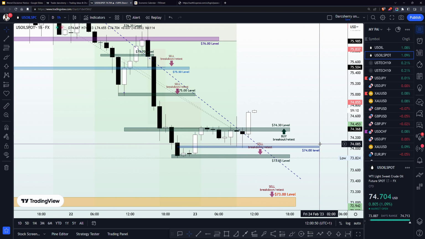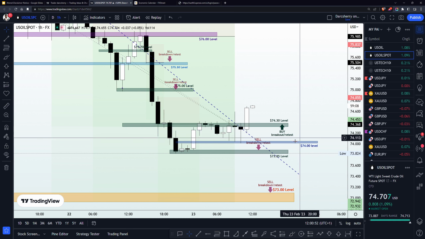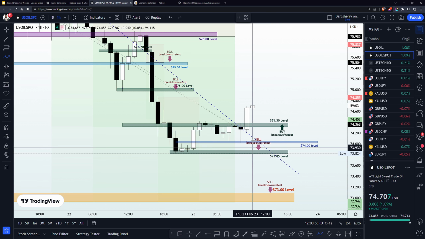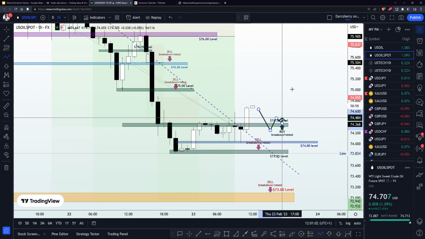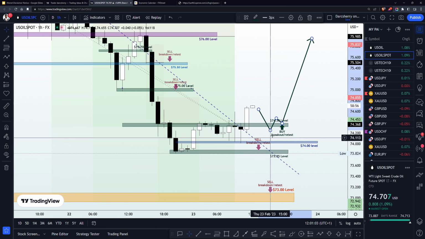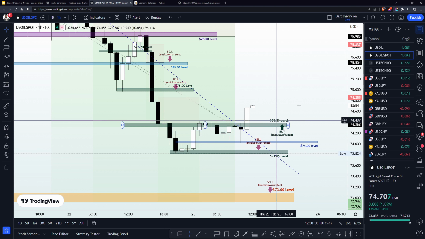So let's see how this plays out if you have joined, and if you had missed out on this opportunity, let's remain patient. There is a likelihood that price will come back and do a retest of that level in anticipation of a trend continuation. So let's be prepared to catch that move if it happens.